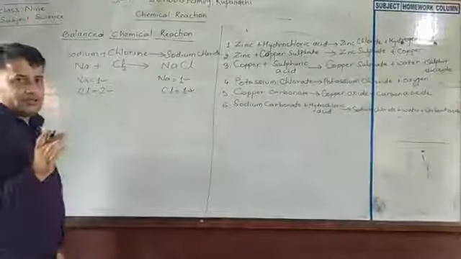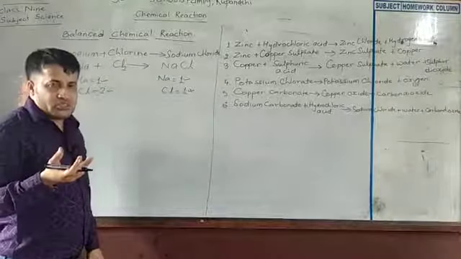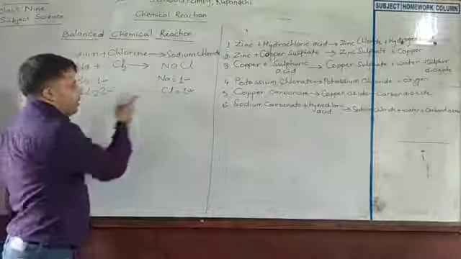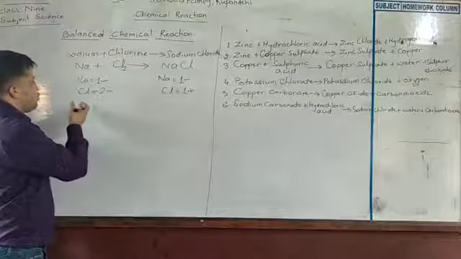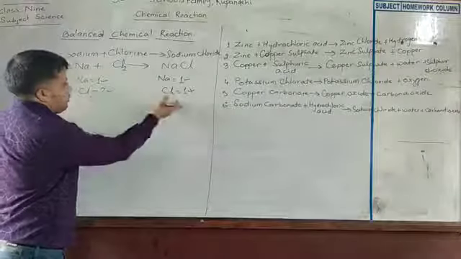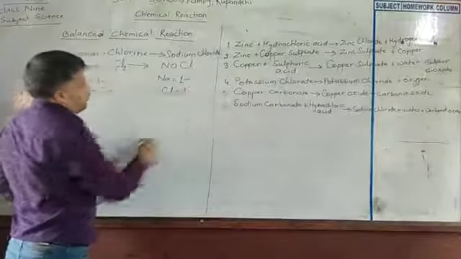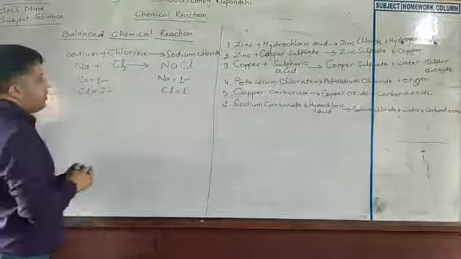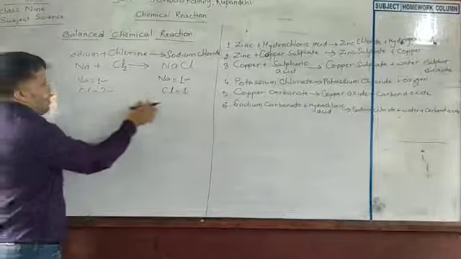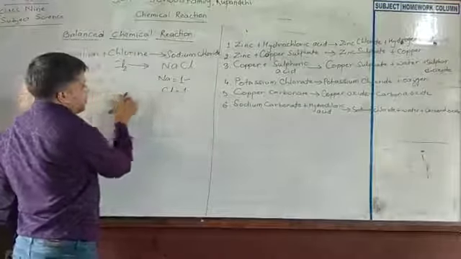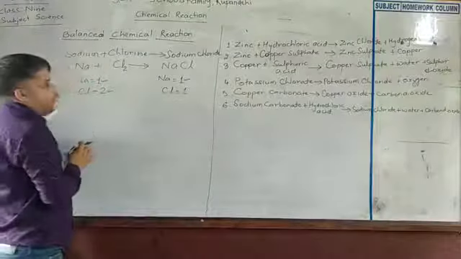So our duty, our process, is to balance chlorine, which is not equal between the reactant and the product. So what is the number? We have to see it. Chlorine is 2 on the reactant side and 1 on the product side. So what we have to do?